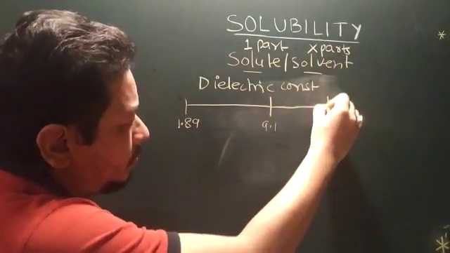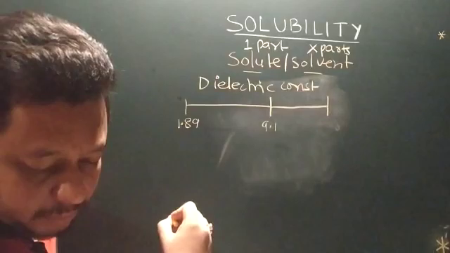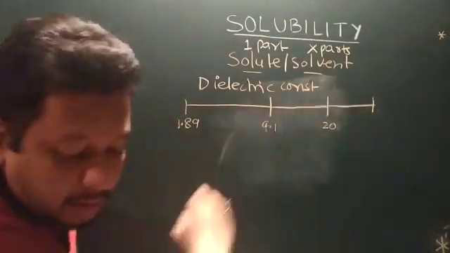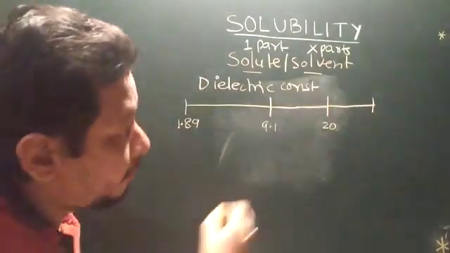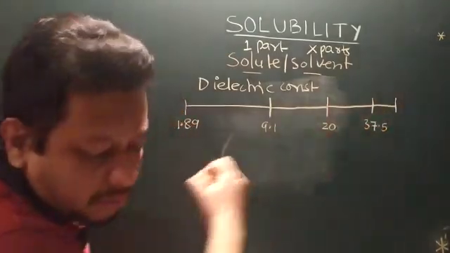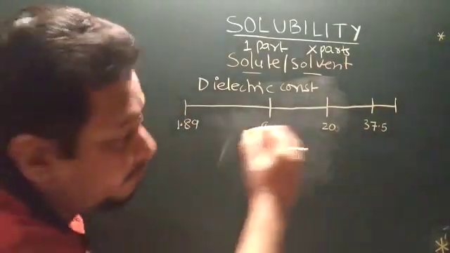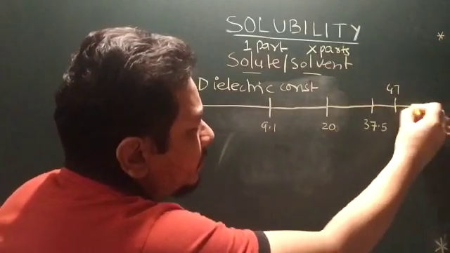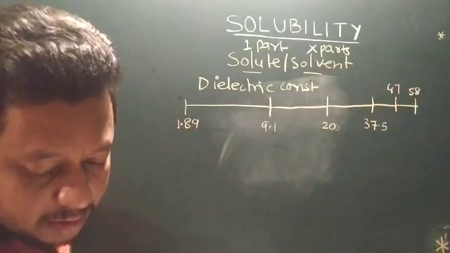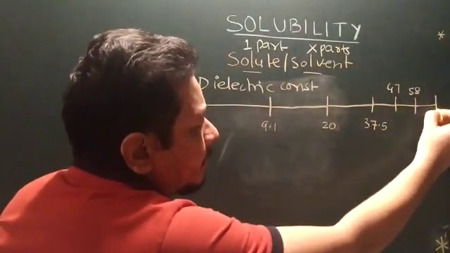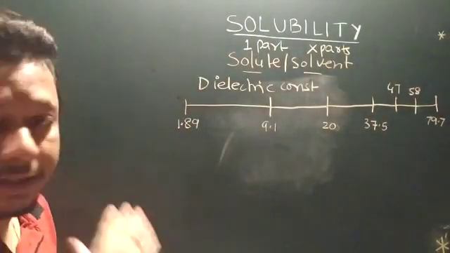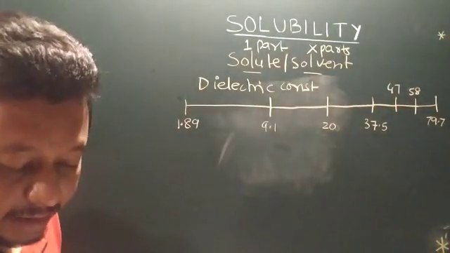Then from 20, I will extend to 37.5, then to 47, 58, and the last one is 79.7. So this is the dielectric constant that I bifurcated.